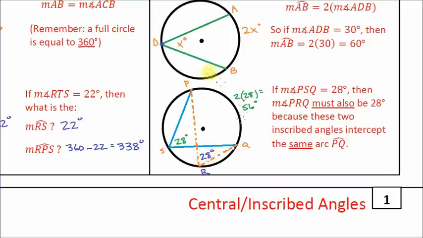We know that the inscribed angle is multiplied by 2 to find the measure of the intercepted arc. Well, PRQ has the exact same intercepted arc as PSQ. So because this is 56 degrees, instead of multiplying by 2, we would divide by 2. And 56 divided by 2 tells us this angle right here, PRQ, has to also be 28 degrees.